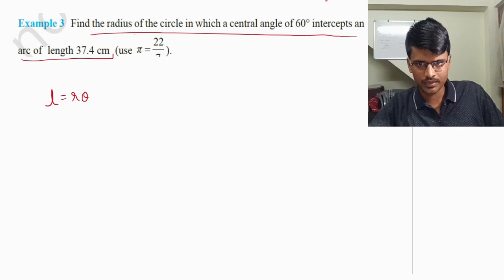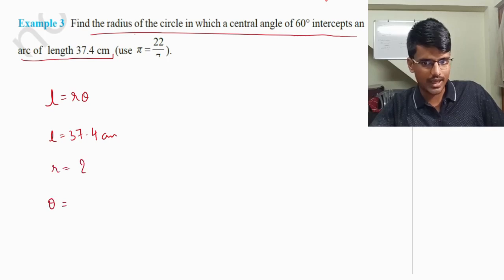The arc length L is given to us, that is 37.4. R also we have to take in the same unit, centimeter. They are asking us the radius, which we don't know. Theta, as you all know, should be in radians, but we have got it in degrees. So we have to convert this to radians.